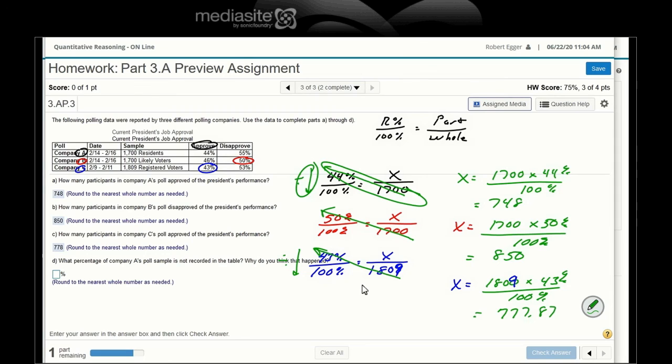And last but not least on this one, okay, what part of company A's poll, so back here again, is not recorded in the table? Well, if I add 44 and 55, I get 99.